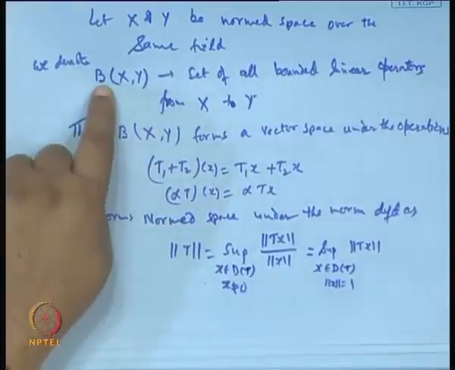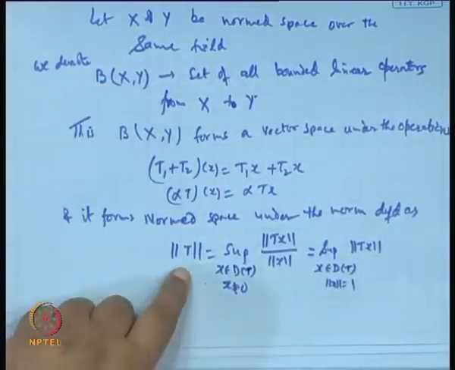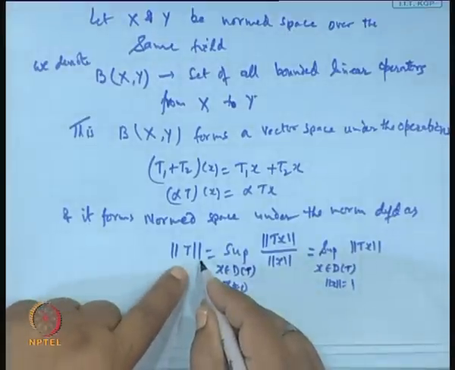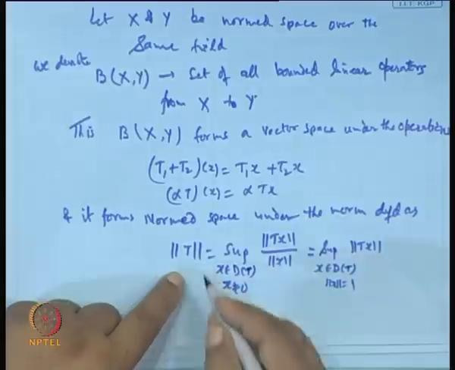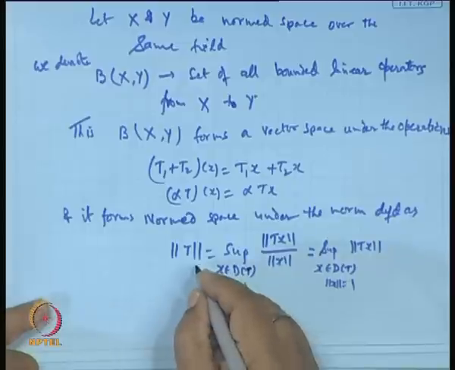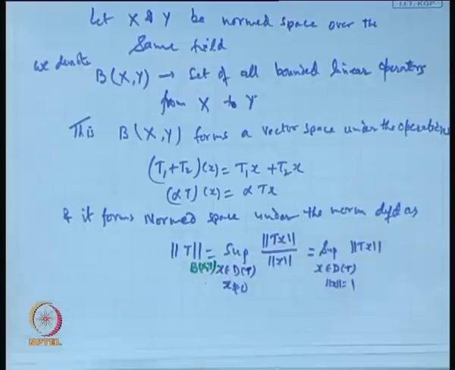It means B(X,Y) becomes a normed space under this. Now, let me just clarify one thing. This is the norm on B(X,Y), so we can say it is the norm of T on B(X,Y).